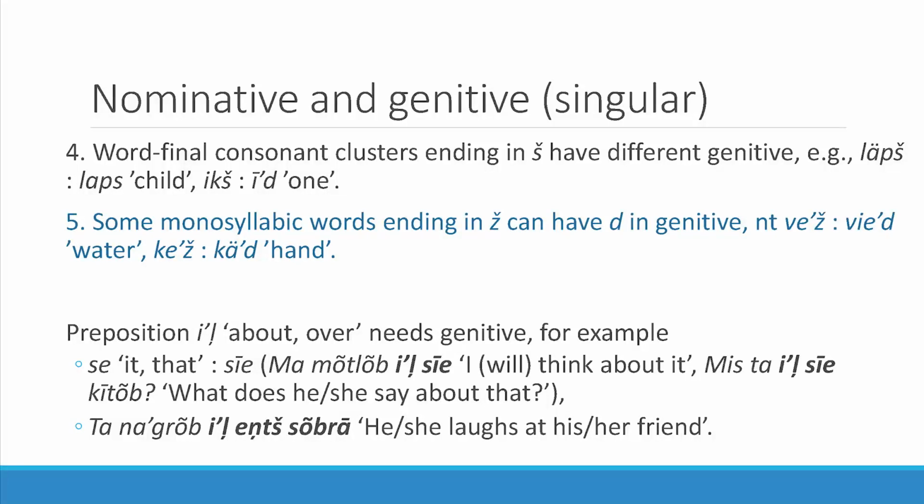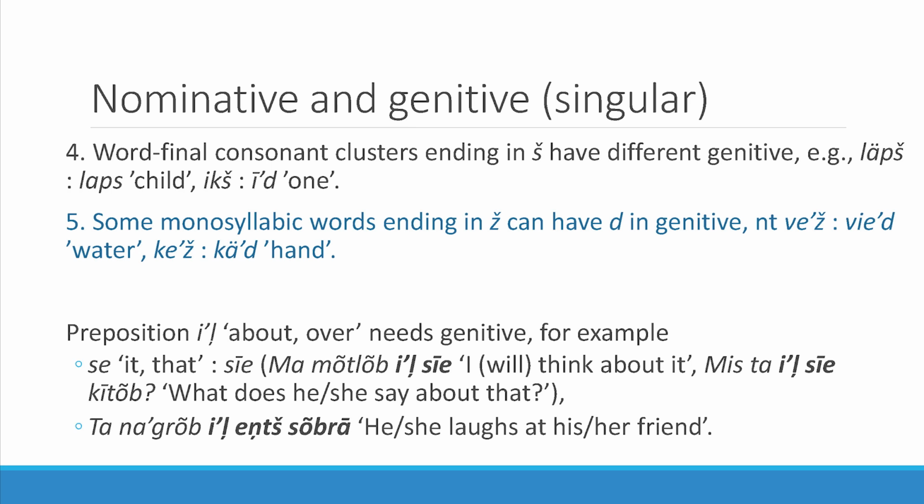So this is especially a tricky case for Estonians, where in Estonian the word laps, so not lapš but laps, is in nominative case, nominative singular.